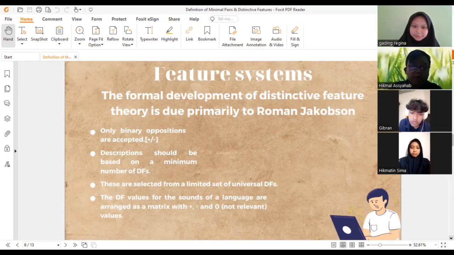They should be capable of describing all segmental contrasts in world languages. They should be definable in phonetic terms.